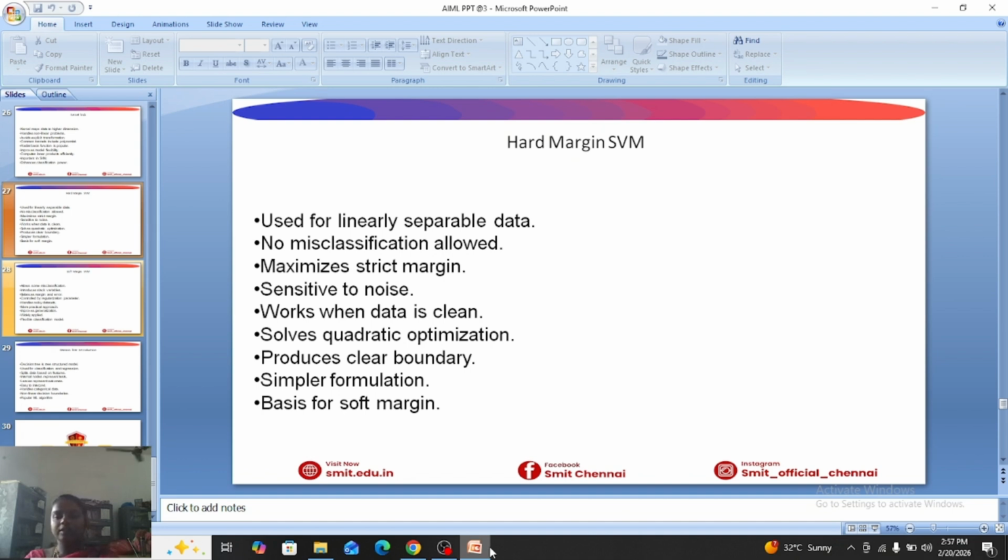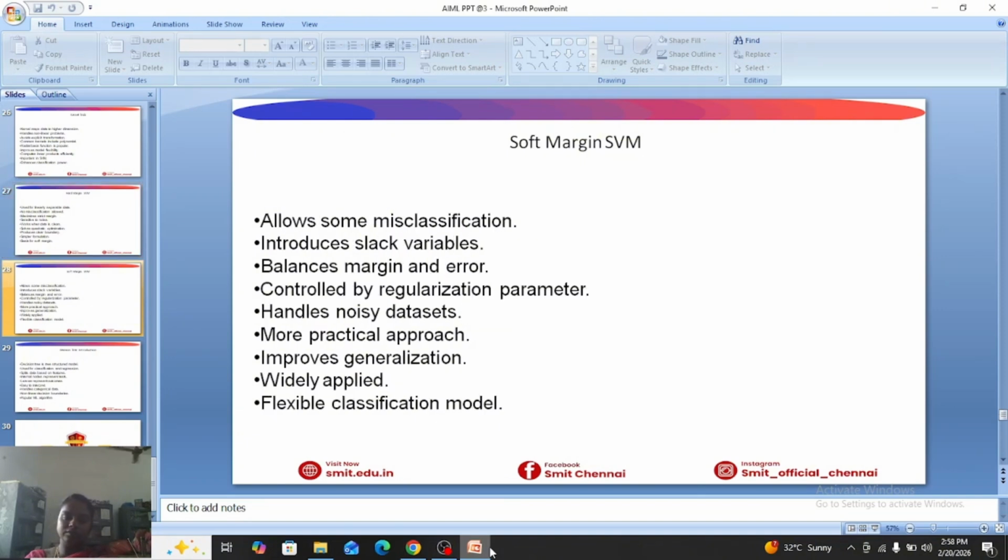Moving on to hard margin SVM. Used for linearly separable data, no misclassifications allowed, maximizes strict margin, sensitive to noise, works when data is clean, solves quadratic optimization, produces clear boundary, simpler formulation, basis for soft margin.